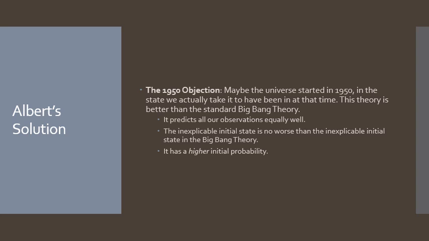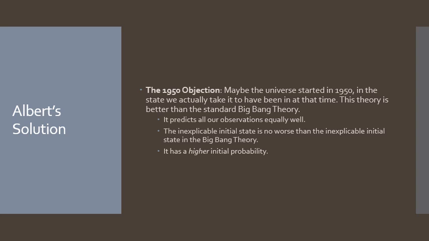And you might find it troubling that it just has this inexplicable initial state. There's no explanation of why the universe was in that state in 1950, but that's no worse than the standard Big Bang theory. We just have this initial state and there's no explanation for that either, right? And that's basically David Albert's view. So why can't I put forward this analogous theory where we just started in the 1950 state?